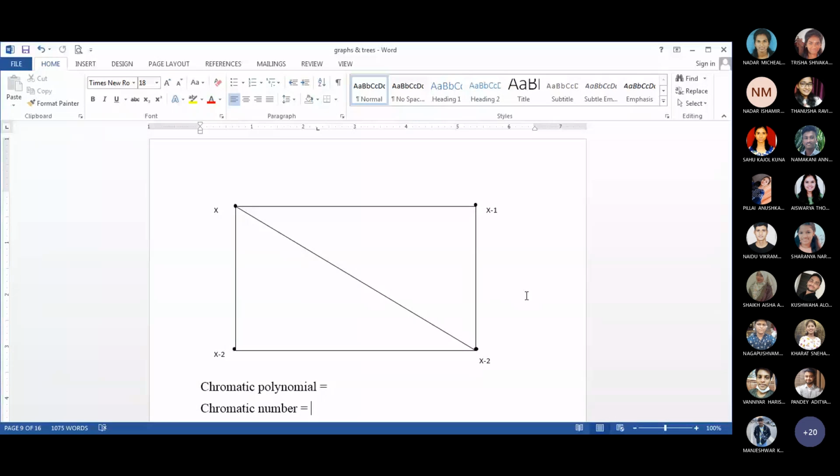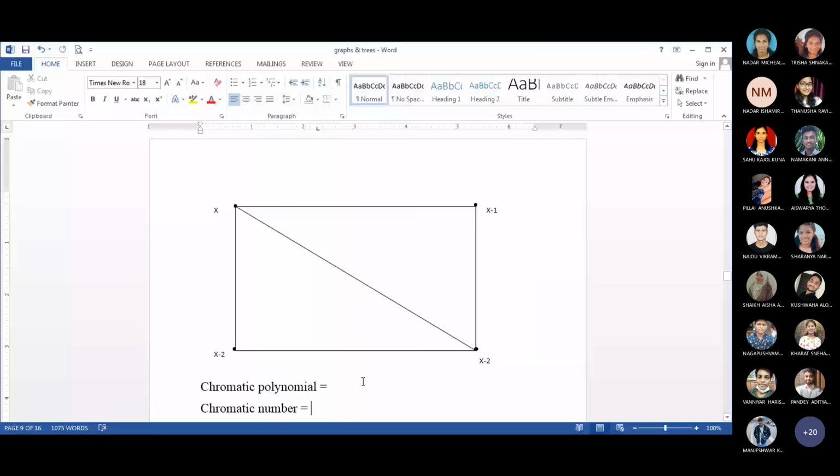That means 1 and 3 have to be of different colors. So vertex 4 should have a color different from vertex 1 and vertex 3. Again two possibilities are reduced, so I get x minus 2 possibilities.